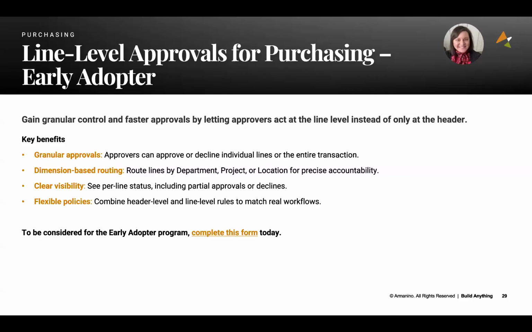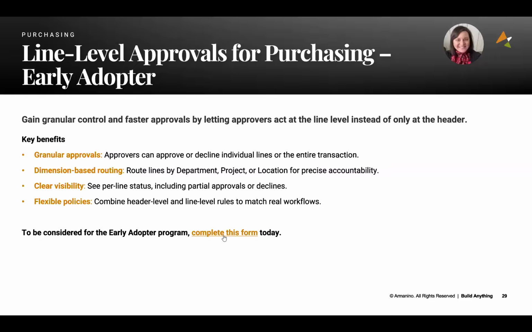You are also going to be able to have clear visibility to see the per line status: lines that have been approved versus lines that have not, if there are declines, et cetera. It really helps to have that more granular control over the spending policies of the organization.